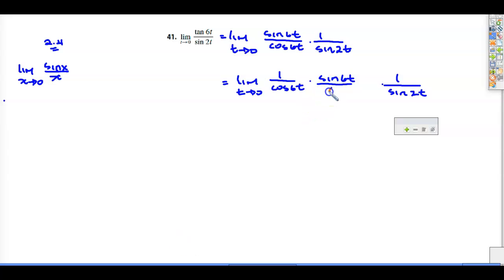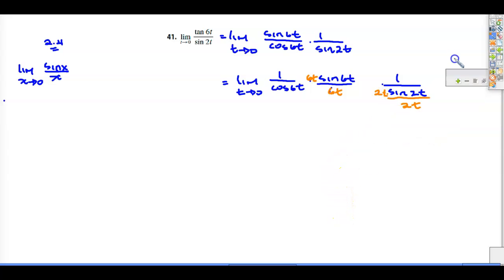I need this to have a 6t here, and therefore I would need this to be a 6t there. And then over here, I would need this to be a 2t here, and then I will multiply this by a 2t there.